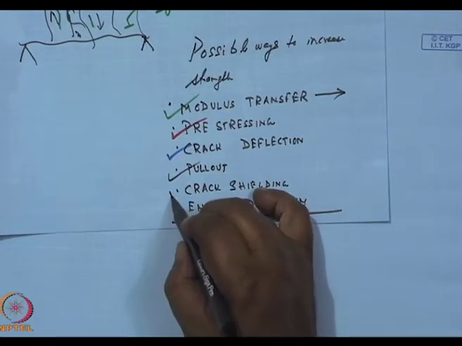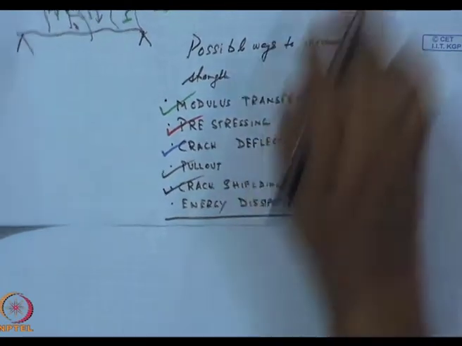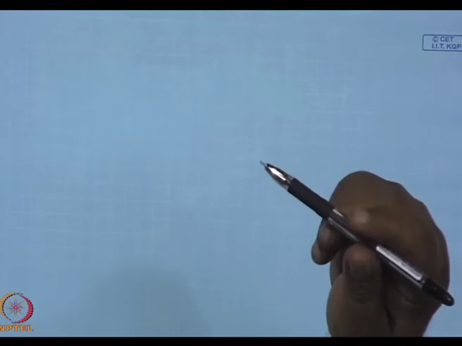The next one is crack shielding. You see, let me put it this way very simply, very easily. You are seeing the tip of the pen. I would ask them to, yes, focus on the pen.